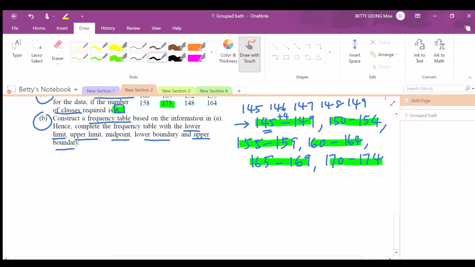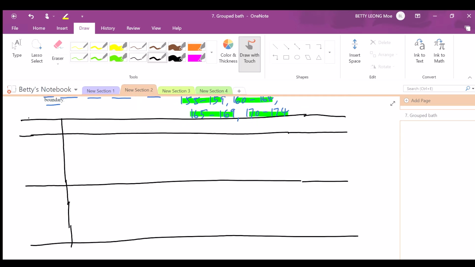Draw the table. You will start with a very long table because you have a few columns to fill. Before that, this is the height, in cm.